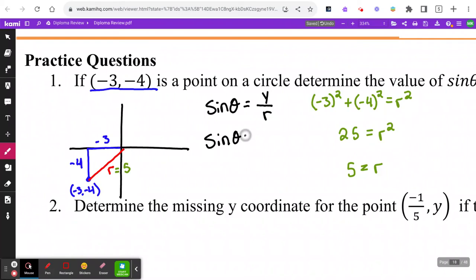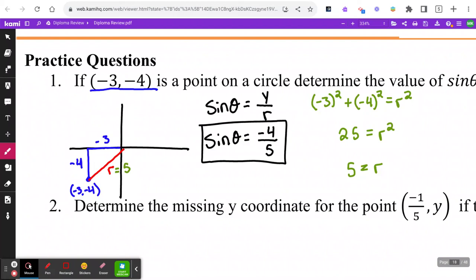So sine theta equals -4 over 5. Your hypotenuse will always be positive. That's the answer.